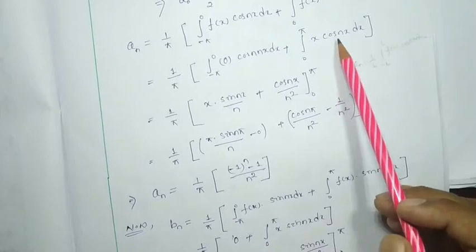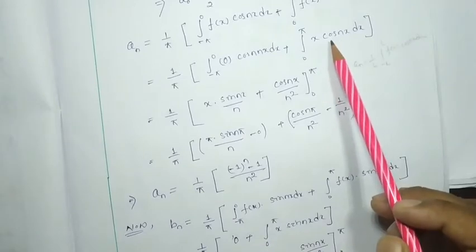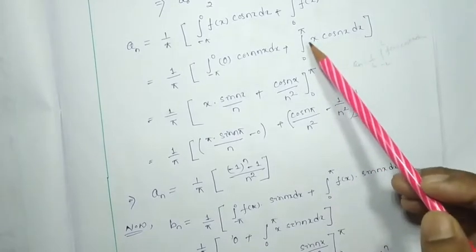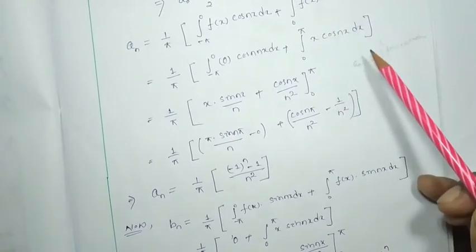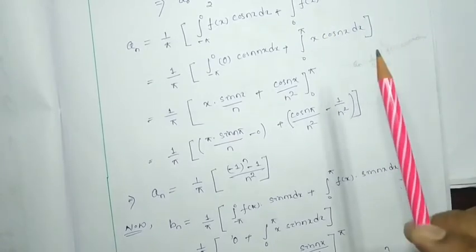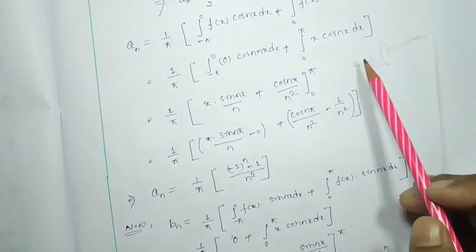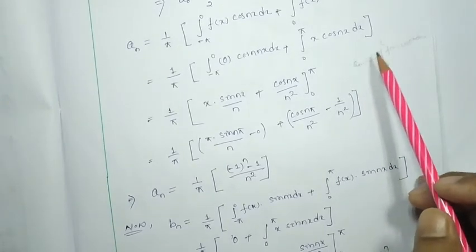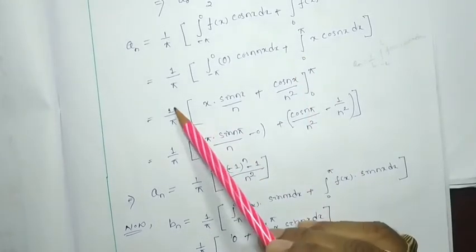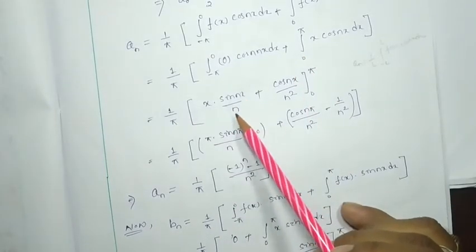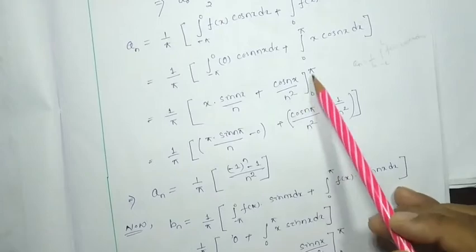I suggest that you always use the Kronecker delta method, because whenever the power of x increases, the Kronecker delta method will help you much more as compared with by parts. So here it will be 1 by pi, x sin nx by n plus cos nx by n square, from 0 to pi.